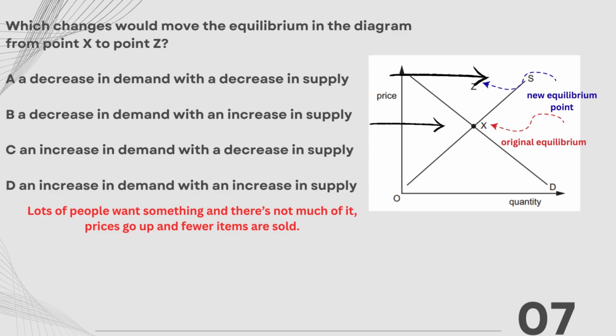Fewer people want it because there's a decrease in demand, meaning fewer people really want it and have the ability to buy it. And there's also less availability because there's a decrease in supply.